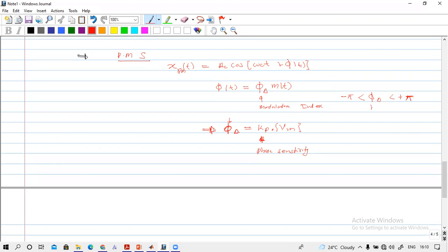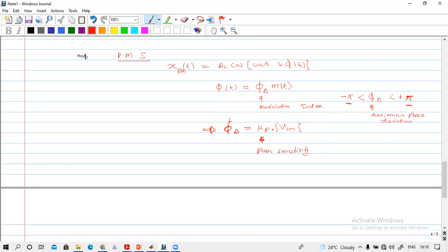Actually, this modulation index refers to the maximum phase deviation, the phase difference deviation. So why should it be within -pi and +pi? It is because this phi delta represents the maximum phase deviation.